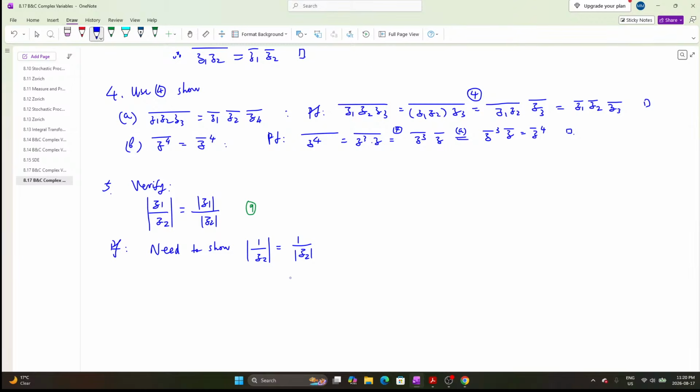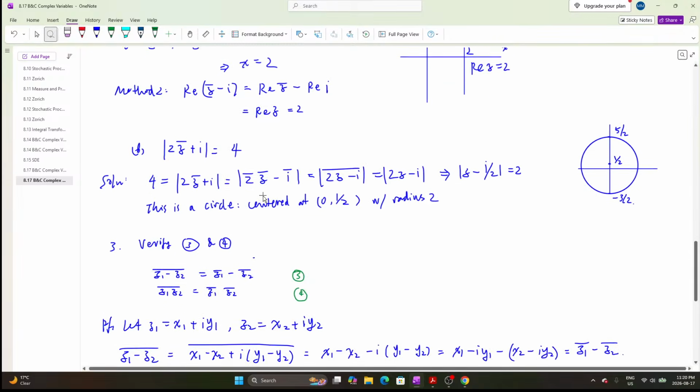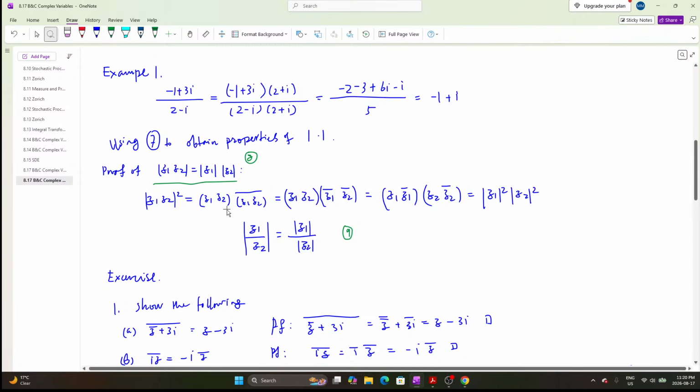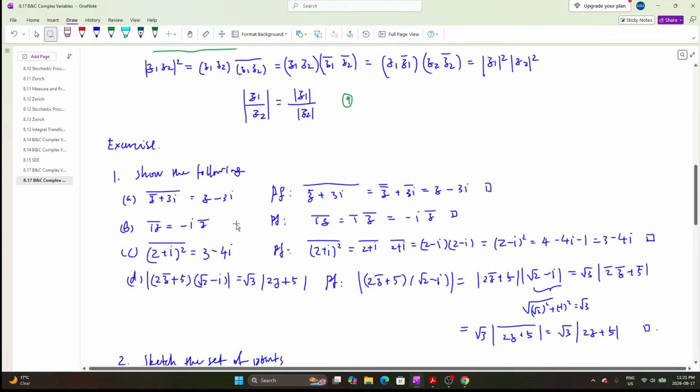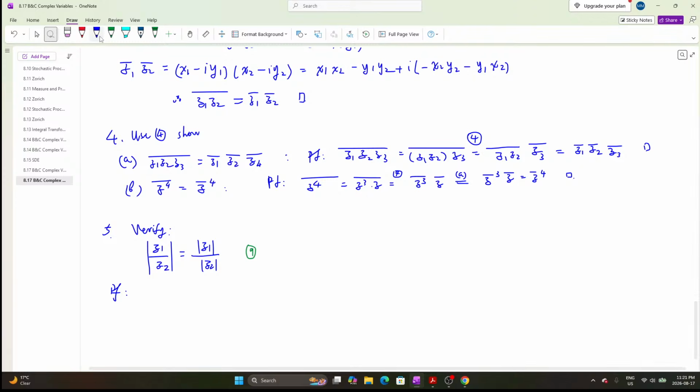Actually, you know what? Let's follow the original proof for the multiplicative property. We use the squared modulus and then take advantage of the complex conjugate. I think that's what the author had in mind when they asked us to verify that.